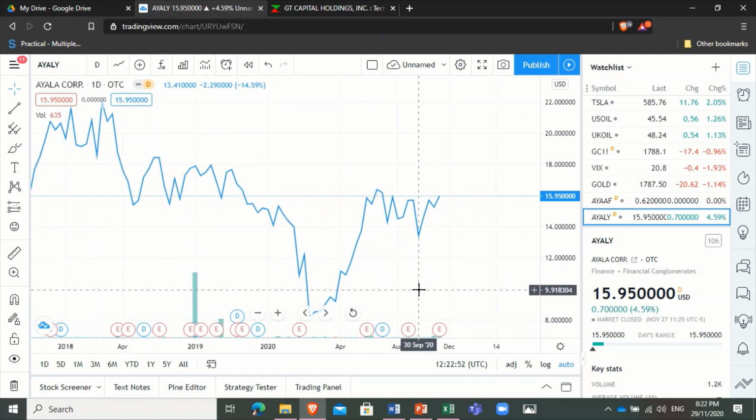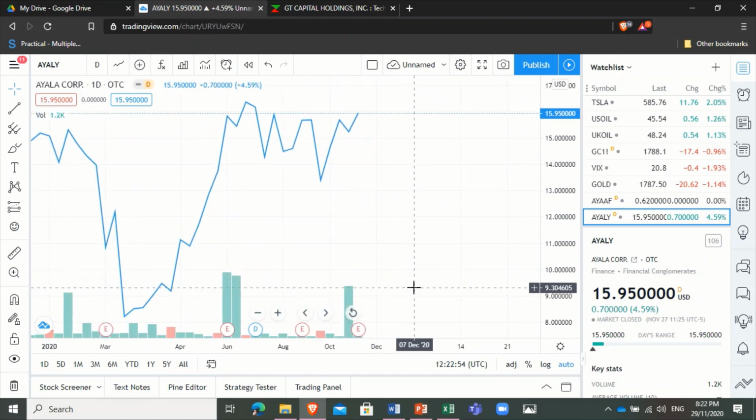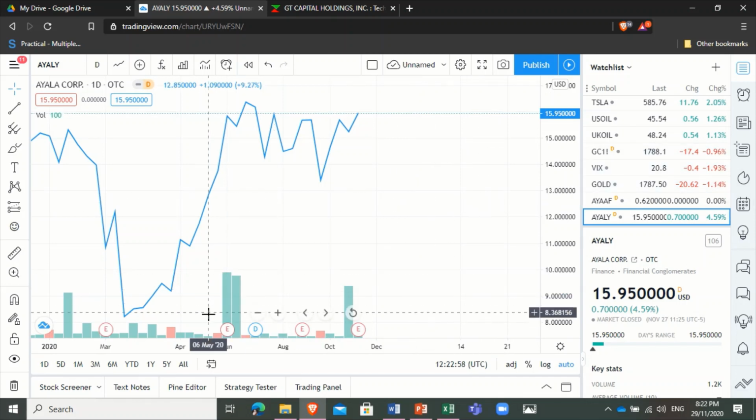As I have mentioned kanina, volumes really confirm trends. Kaya kung mapapansin nyo dito, the part where so much of the volume, above average volume, dun nagkakaroon ng price increase. So this is the part where there is a lot of selling going on.